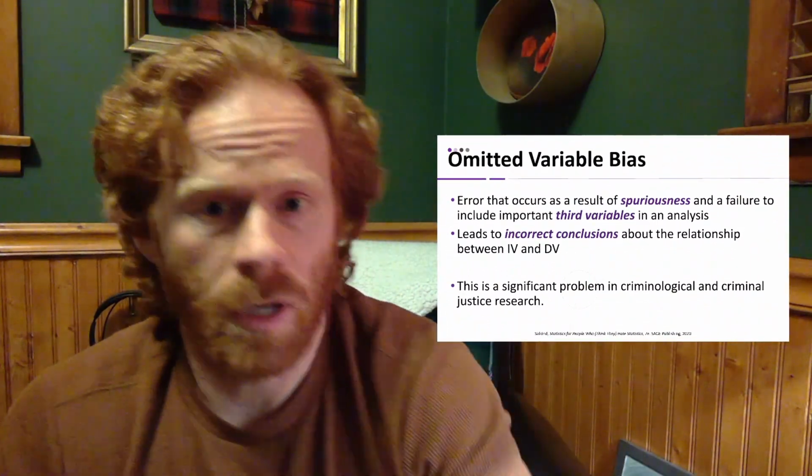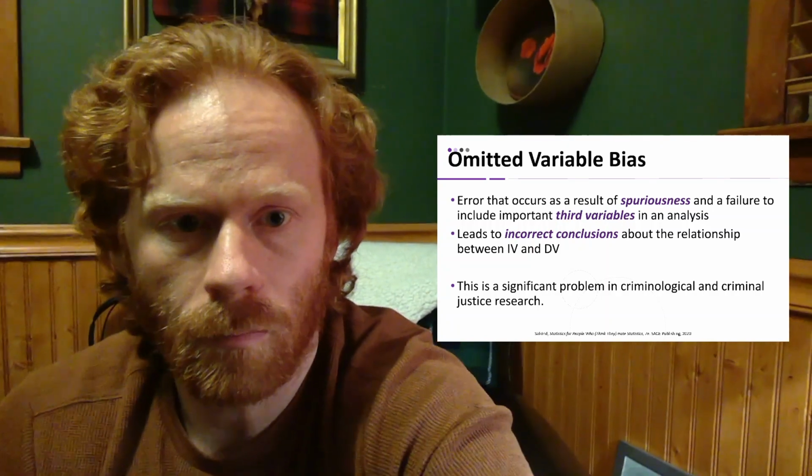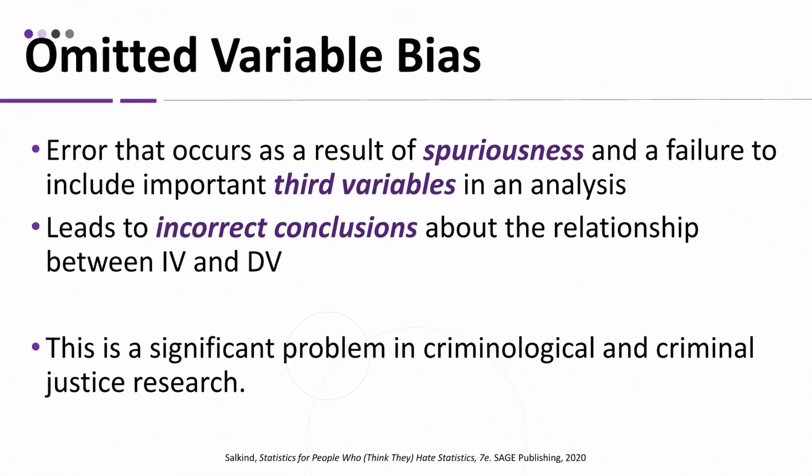We call that the omitted variable bias. We call it spuriousness when we have that third variable, and the omitted variable bias is when we don't take into consideration that spuriousness and the idea that there could be a third variable incorporated. As we're just doing these exercises looking at simple correlations, that's not that big of an issue. But if we were to make inferences from this and try to establish causation, we would then need to make sure that there's not some third variable included.